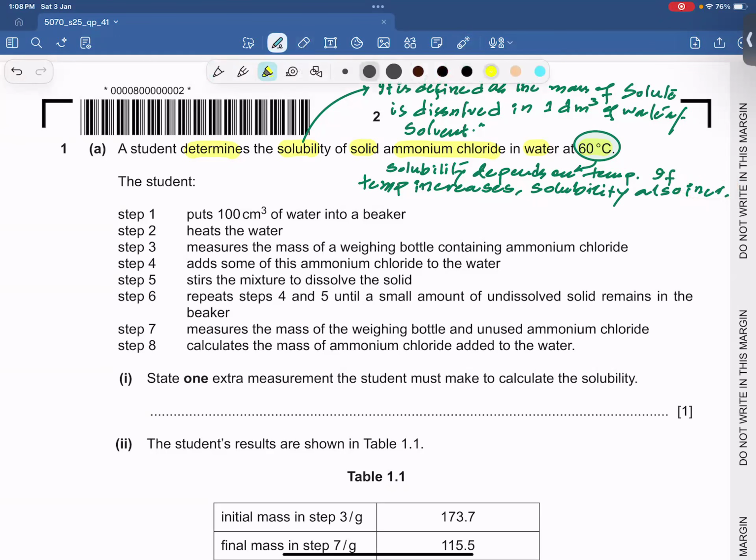Put 100 cm cube of water into the beaker. Since the examiner is using 100 cm cube of water, according to the definition, I have to convert it into dm cube because solubility is always determined in 1 dm cube of water. So 1 dm cube equals 1000 cm cube.